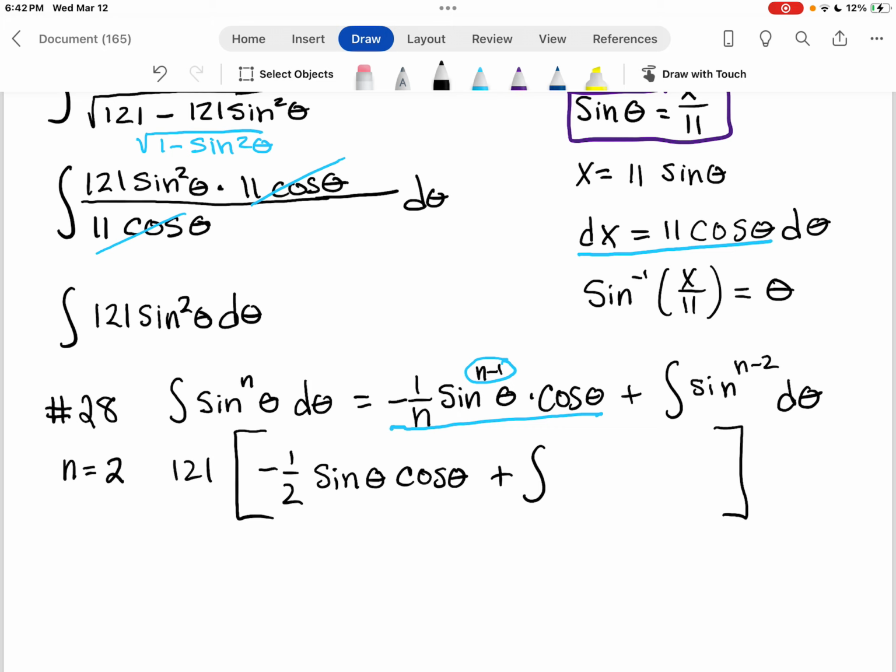Since n is 2, we have 2 minus 2, and sine raised to the power of 0 is just going to be 1.